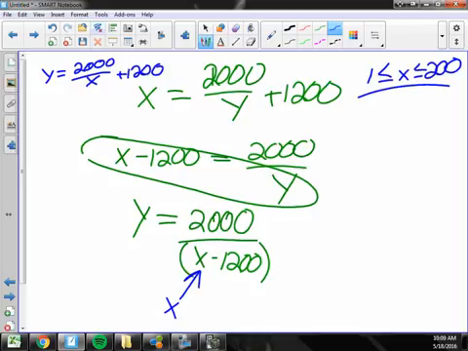Well, what's the unit on y in the original function? So x is days in the original, and y is gallons of water. So in the inverse, x represents gallons of pure mountain water.